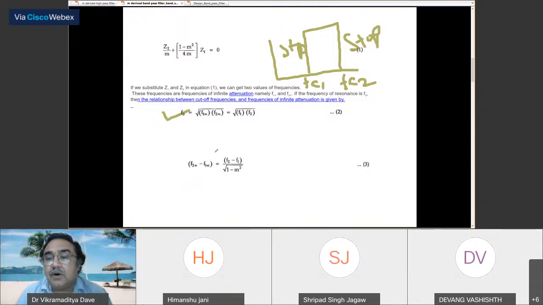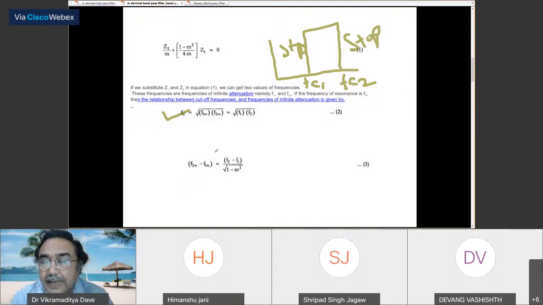It comes out to be the geometric mean of the frequencies of infinite attenuation, and also the geometric mean of the two cutoff frequencies. So f0 is equal to the square root of f1 infinity times f2 infinity, which is also equal to the square root of f1 times f2. This is an equation you have to remember.